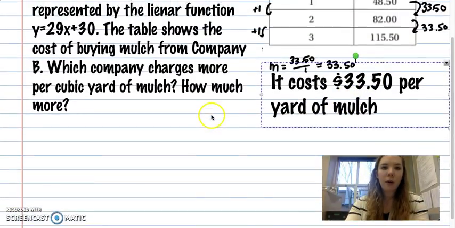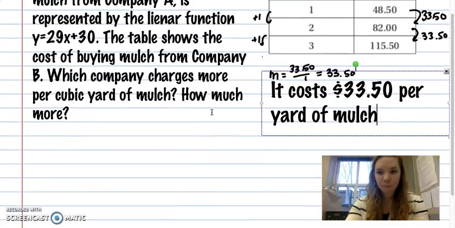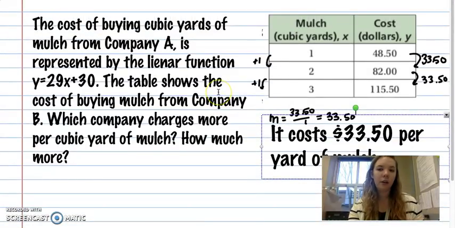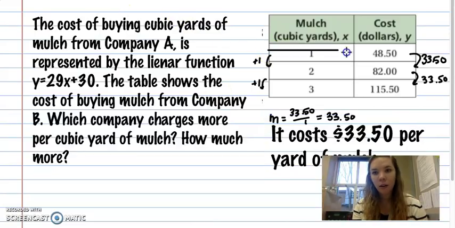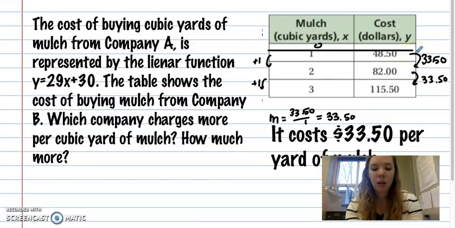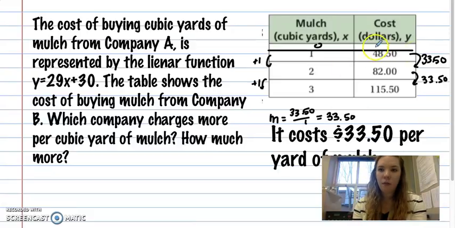Okay, and then if I wanted to find what it would be at 0, let's just squeeze a line in here. I could take 48.50 minus 33.50, that would be 15. So their flat installation fee is $15.